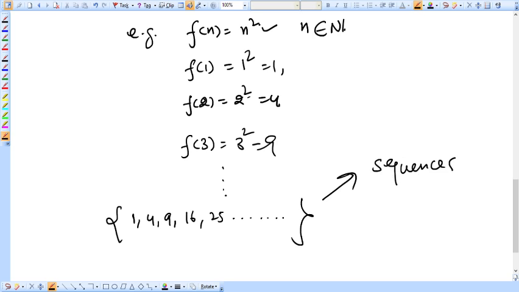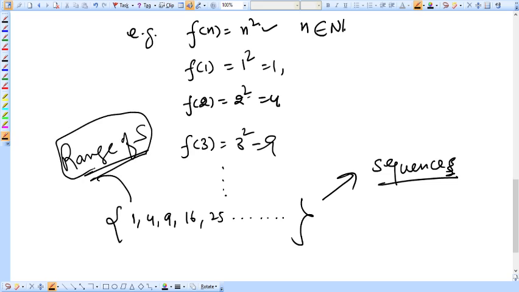We call this a sequence of real numbers. Basically it is nothing but a function from natural numbers to real numbers, and this is the range of this function, or we can say the range of the sequence, or we can call it simply a sequence.